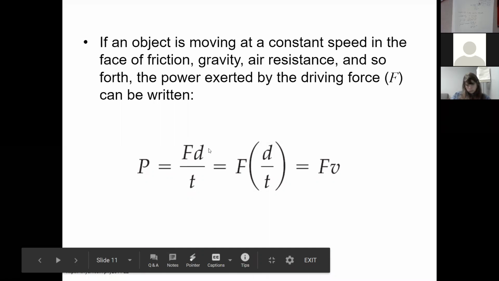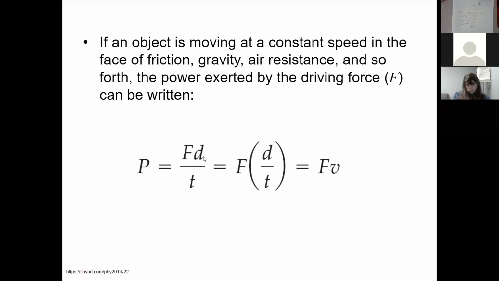We're assuming this is one-dimensional, and F and D are in the same direction. So that gives you W divided by T. Now, D divided by T is actually the velocity, the speed, right? So you can rewrite the power as F times V. This is another way of calculating the power. If you know the driving force F and the speed of the object, then power is equal to driving force times the speed. It's defined as W divided by T, but it can also be written as F times V.